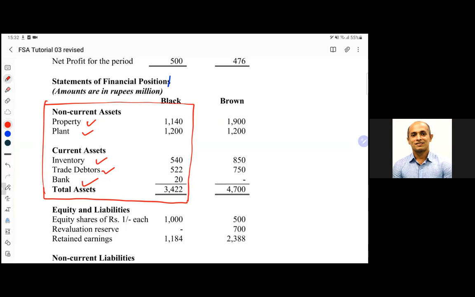If they are not suitable values, sometimes you find assets are overstated. Sometimes you find assets are understated. Then you have to do relevant, appropriate adjustments. So with this question, you are going to understand all these.